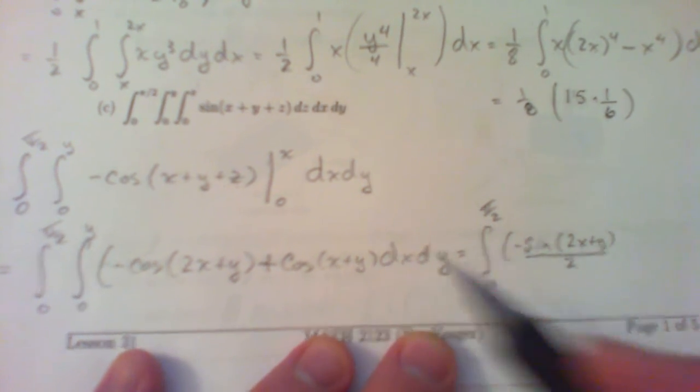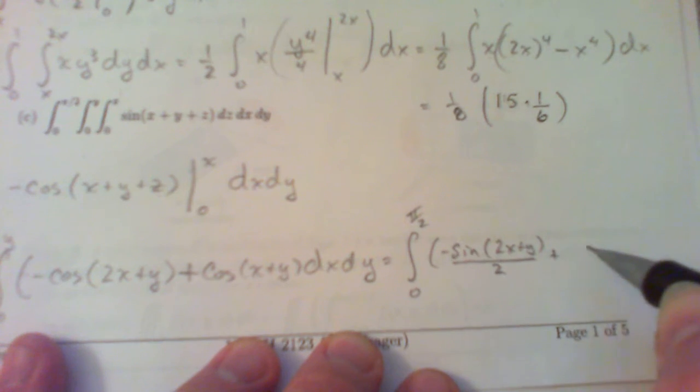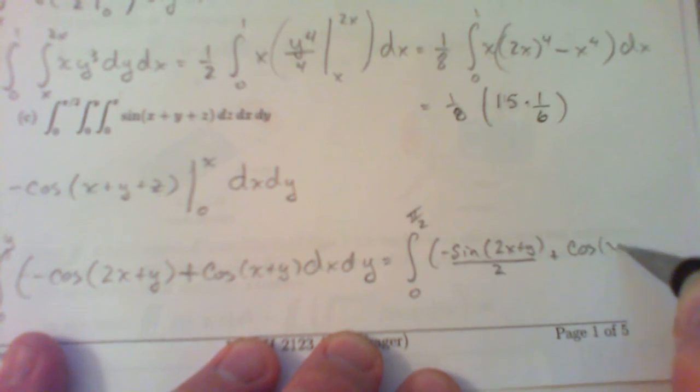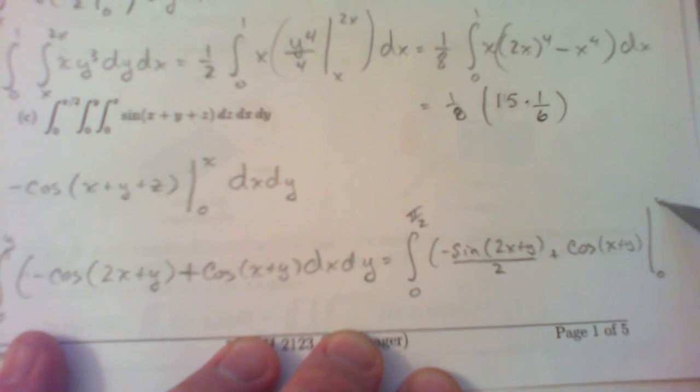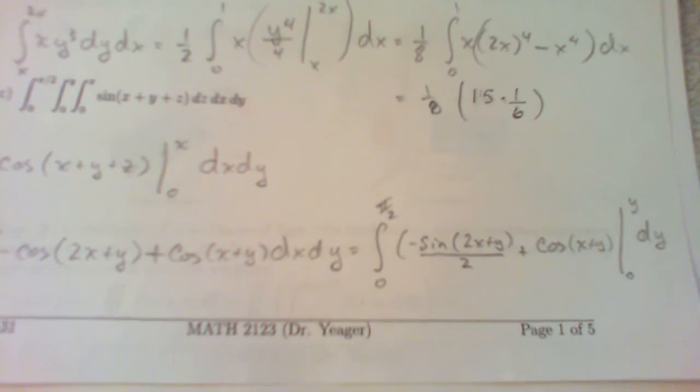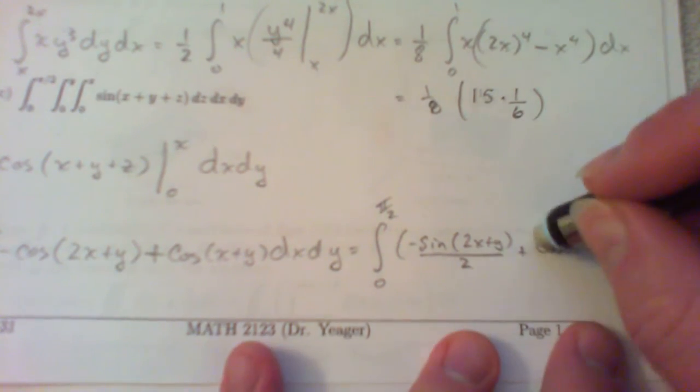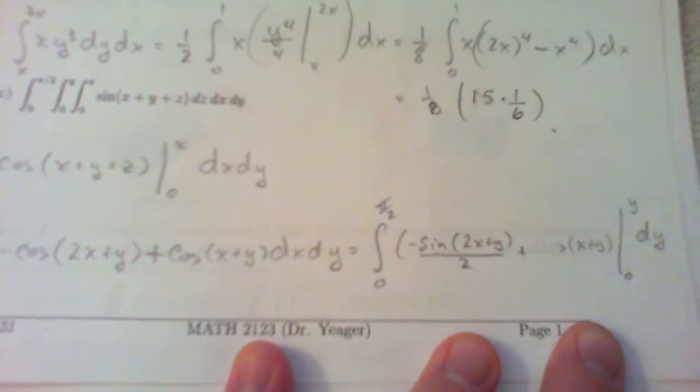The antiderivative of this one is going to be plus sine of x plus y. Then you have to evaluate this whole thing between 0 and y, dy. I'm sorry, that should be sine. I don't know why I wrote cosine there.